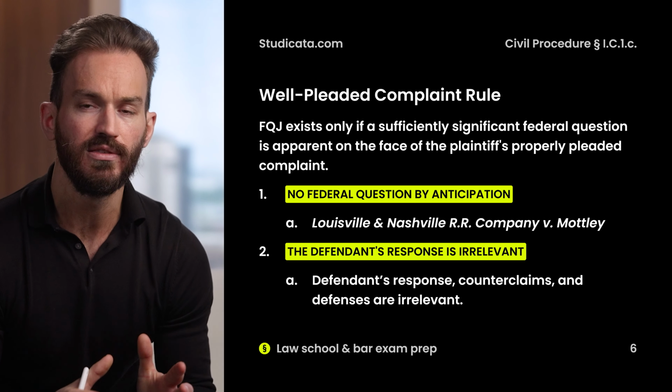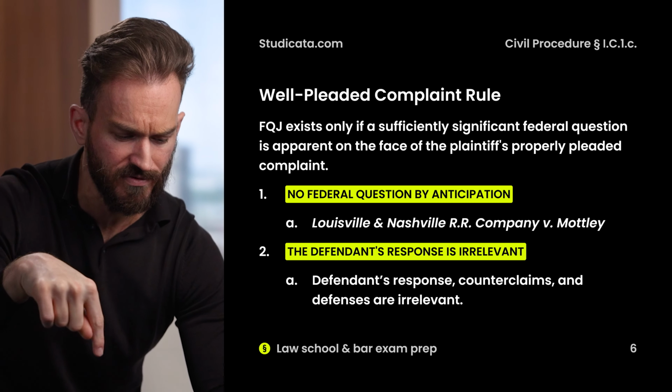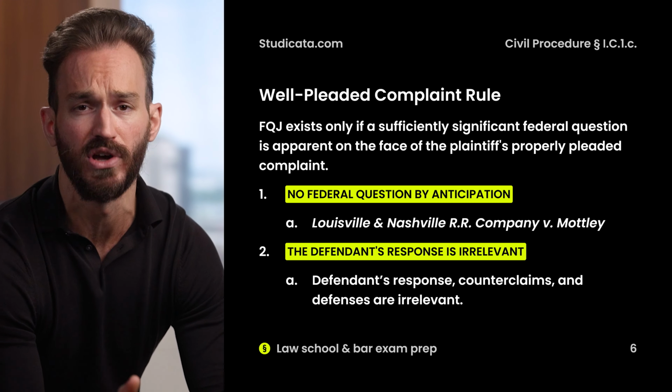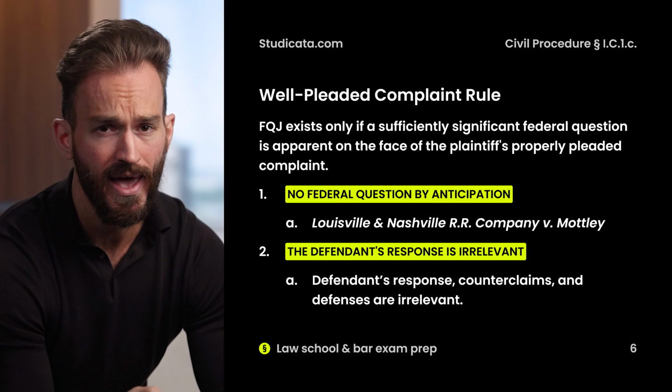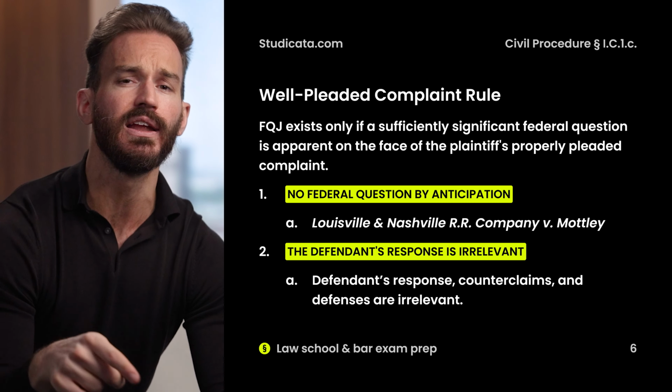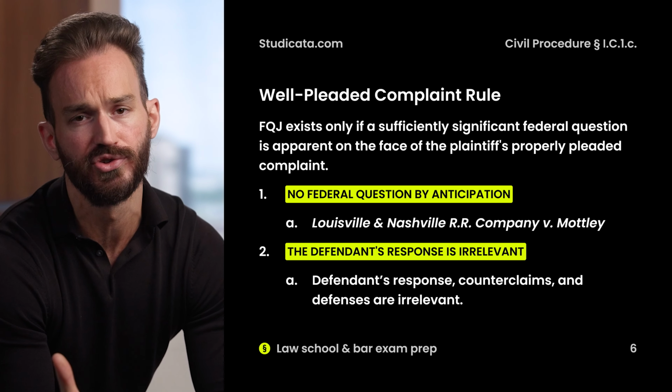Find the plaintiff's complaint, like literally the four corners of the paper that complaint is on, and look only at the plaintiff's claim. Anything outside of that is basically irrelevant in determining whether federal question jurisdiction exists.